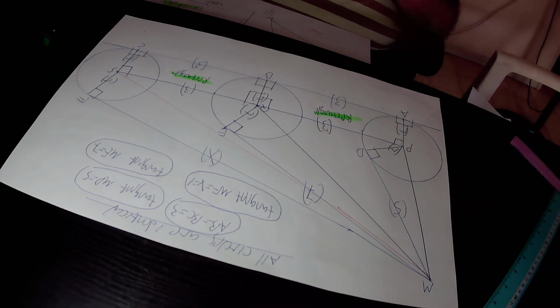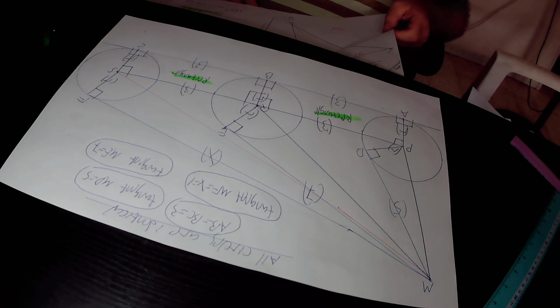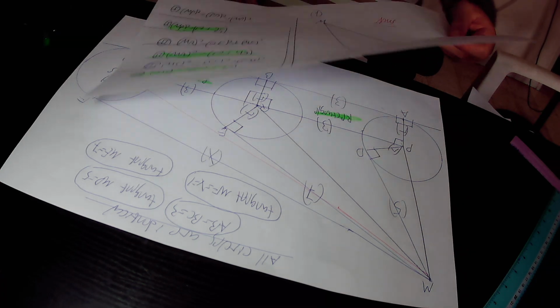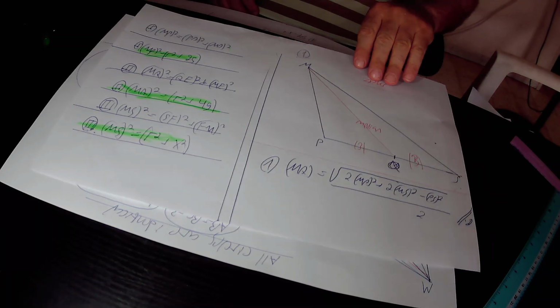MP is the missing side. PD is R, therefore PD squared is R squared, plus MD squared. MD is 5, so MD squared is 25. So according to equation 1, MP squared equals R squared plus 25.